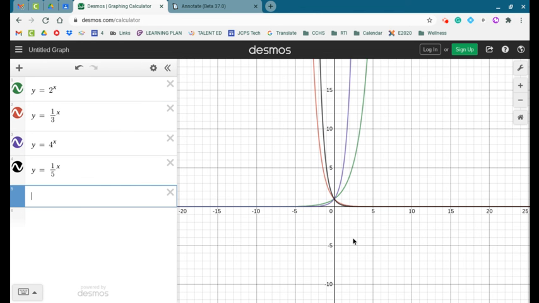Okay, so these ones are all kind of similar. The first one, 2 to the x, is this green one. Which one's going up and then goes out the furthest? You can also look at your points. This one hits at 1, 2, and then at 2, 4.